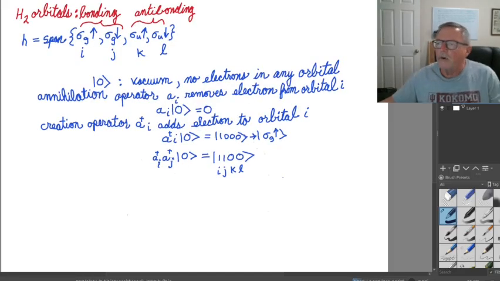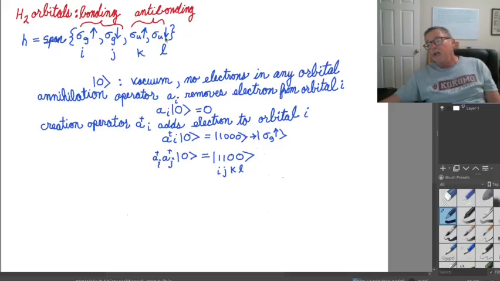Now, a short little hurdle to get over: these things called annihilation and creation operators. When we say that something spans a certain distance, we're indicating the number of dimensions. The minimal basis H2 molecule has 4 different orbitals.